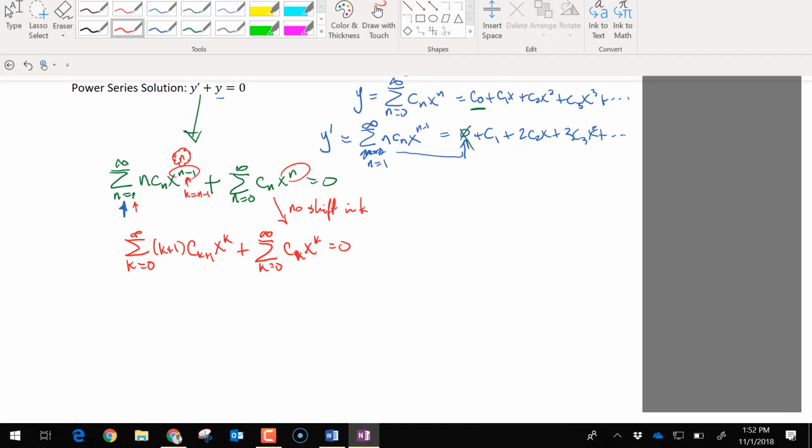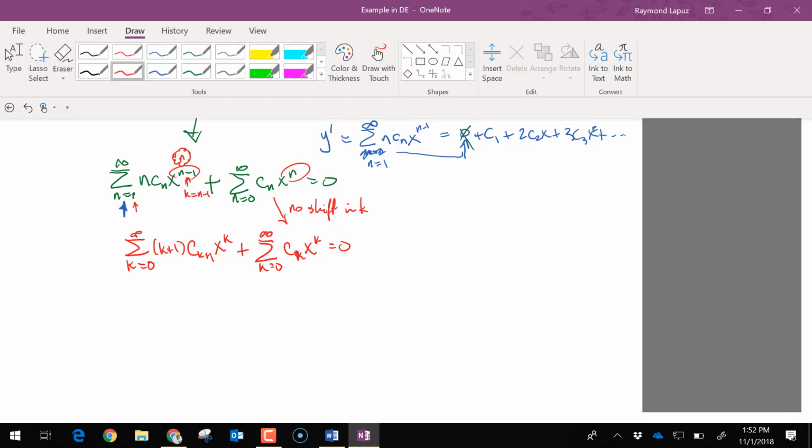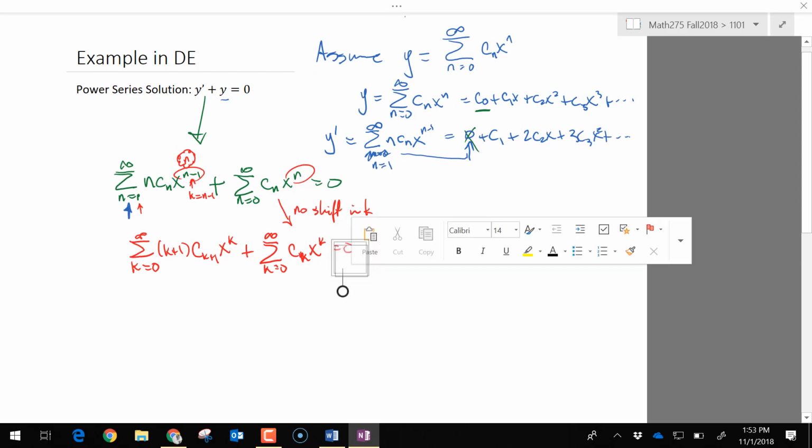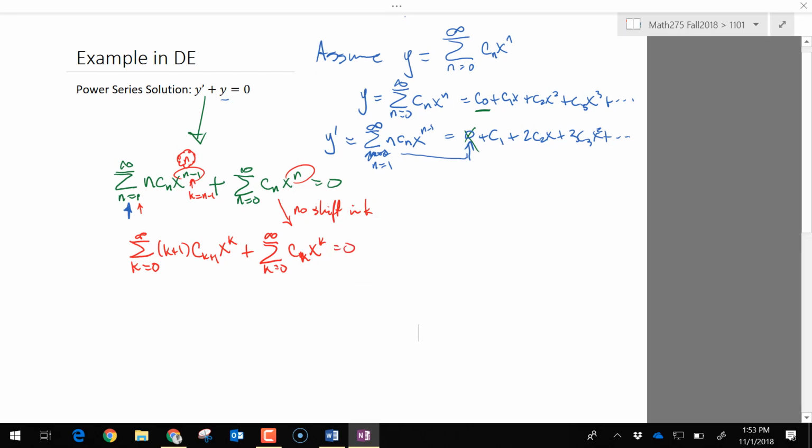And let's see what happened again. We add 1. We add 1 in here so that everything is just a k, and then we subtract 1 from the power, or from the index.